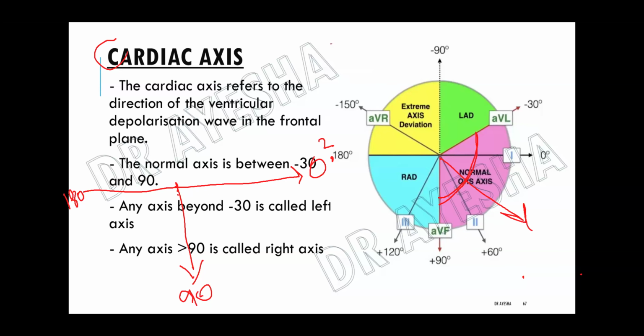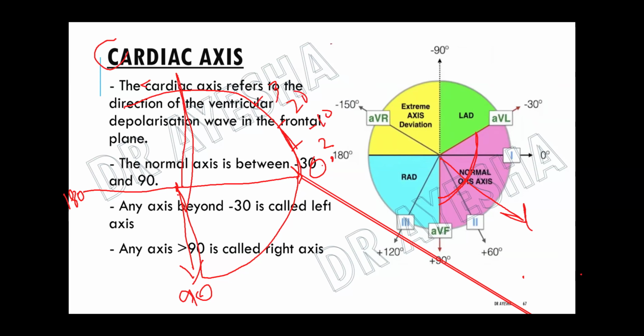When we talk about 0, 180, 90 degrees, this part is our normal part, but the normal part is a little bit more extended over here, up to -10, -20, -30, and in the center it is -90. Below it is +90 and above is -90.